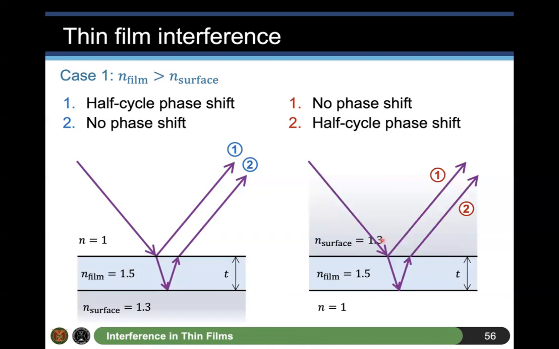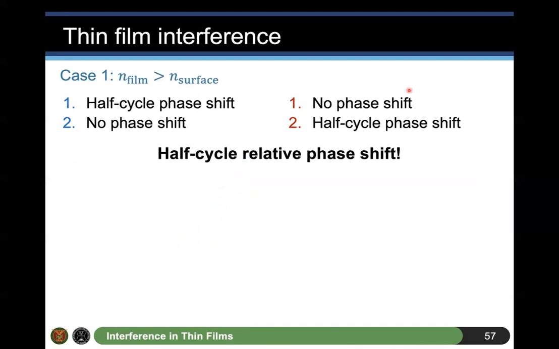Same with the other side, reversed, no phase shift here, and then half cycle phase shift here. So, when we add the total phase shift, half cycle plus zero cycle, half cycle plus zero cycle, half cycle will be the relative phase shift. Okay?